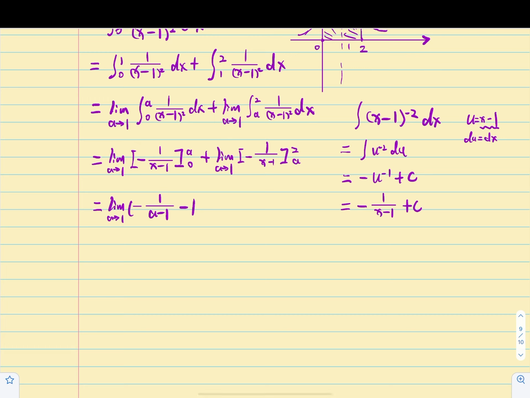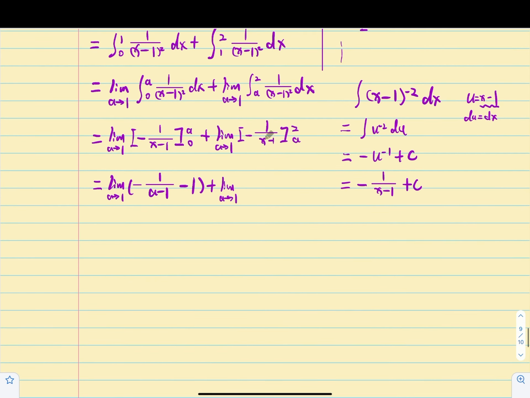Basically, inside is the limit of this one, plus the limit as a approaches 1, where we substitute in 2. So we have 2 minus 1, which is 1, so we have negative 1, minus substituting in a, so that's plus 1 over a minus 1, yeah, the same.